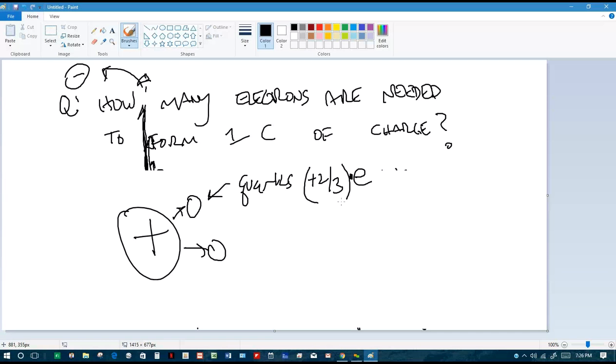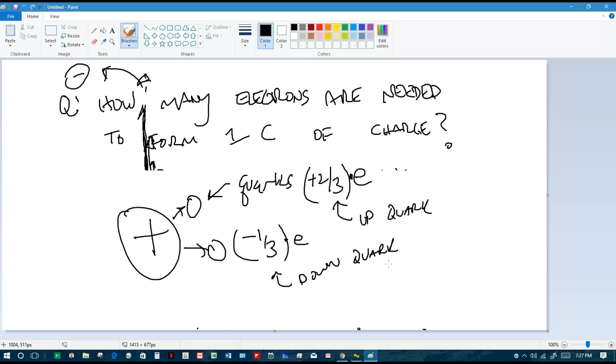That's why it's smaller, because it's only 66% of E. And there was another quark that ended up being negative 1/3 of E. This one was called the up quark, and this was called a down quark. That's just names they gave them. And so it turns out that a proton, when you smash it hard enough, is made of smaller things called quarks. And it's actually made of 2 up quarks and 1 down quark.